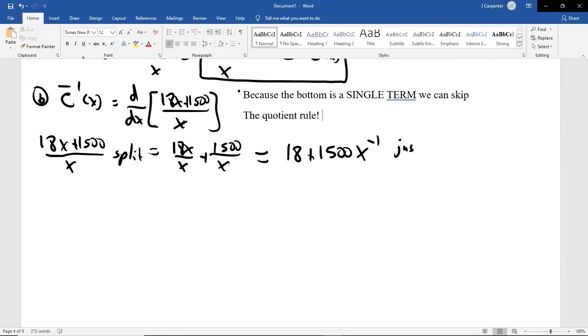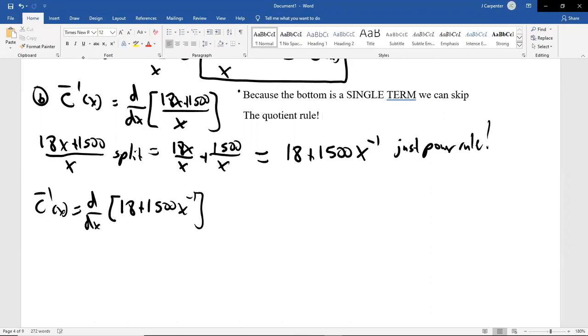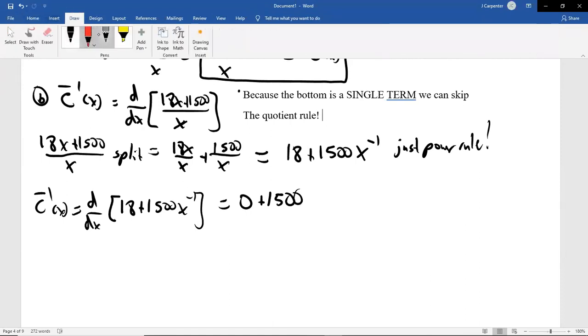Now it's just the power rule when we go to take the derivative. So C bar prime of x is the derivative of just 18 plus 1,500 x to the negative 1. The derivative of 18 is nothing. I'll write this 0 here for emphasis. Plus, then we have the 1,500, we leave that out front. We take the exponent down, and then the x is going to decrease by 1.